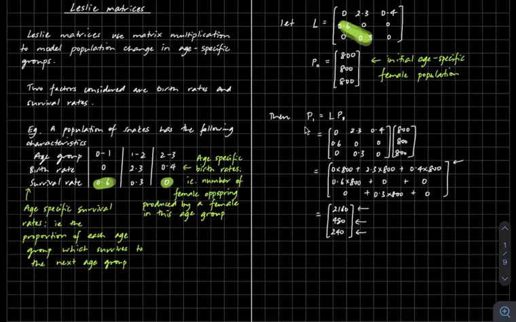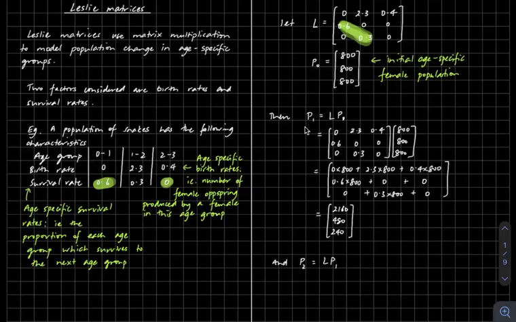Alright, now I realize this video has already gone for a while, but we need to think a little bit more about what happens over the long term. So we can keep going with that same process. So I could say, after 2 years, the age-specific female population is going to be L times P1.